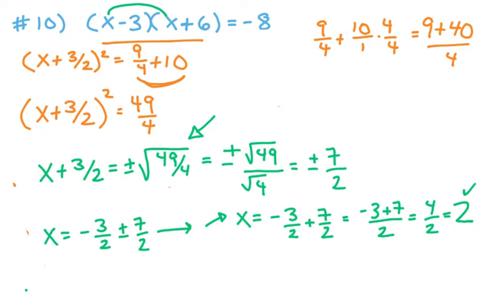The other answer is x equals negative 3 halves minus 7 halves, which will be negative 10 halves, which is negative 5.